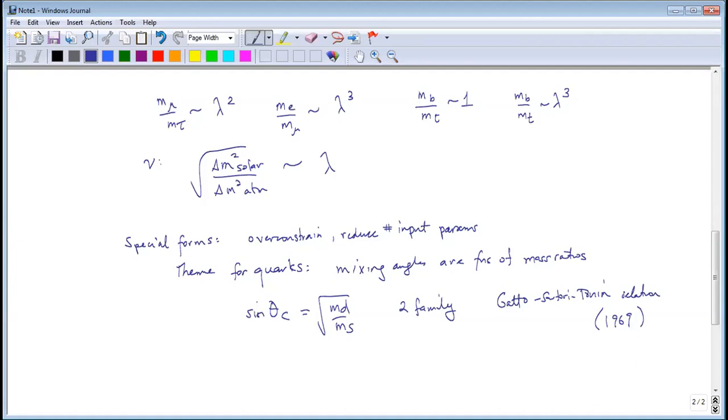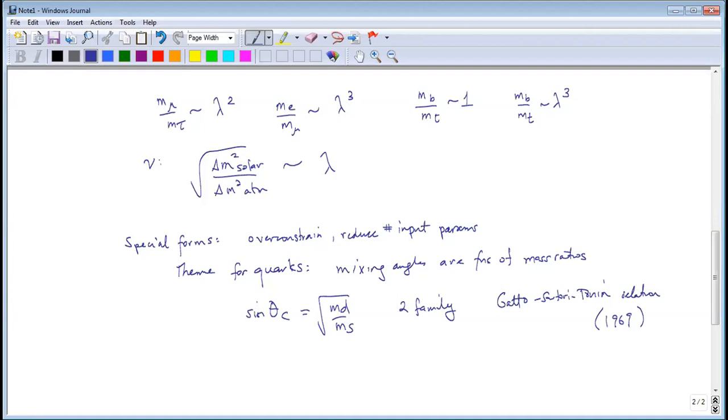Okay. So the motivation eventually is, if we have certain special forms, to try to enforce them via some mechanism. One mechanism could be some symmetry. Maybe there's some unknown dynamics. Maybe we get things where only something at tree level is allowed, and then we can generate corrections via loops, or radiative generation of masses.